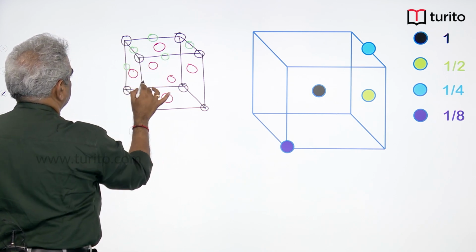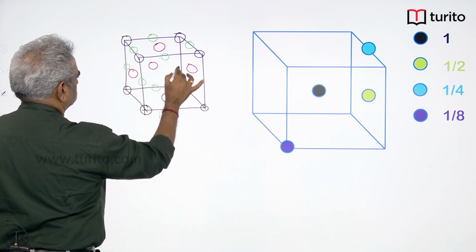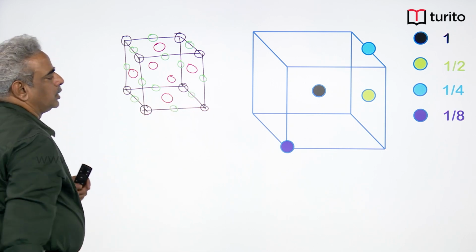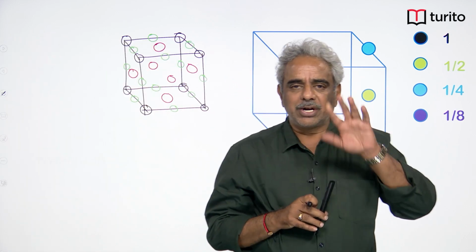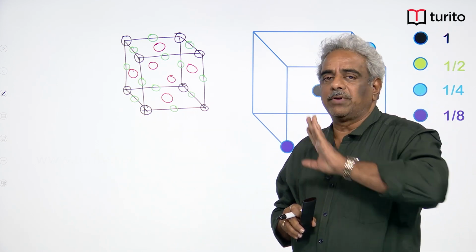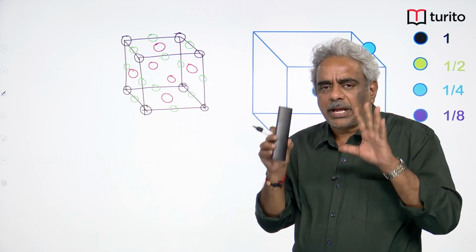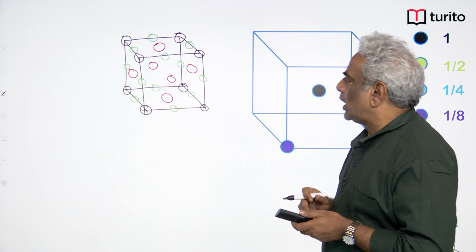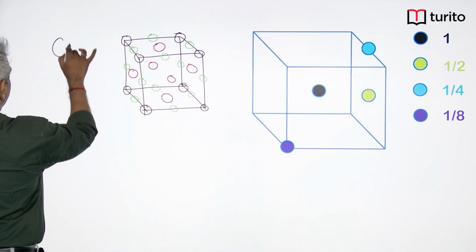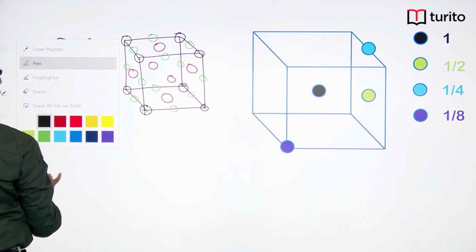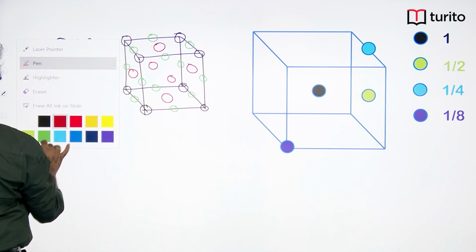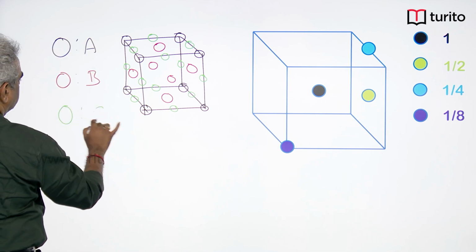Another variety of atoms on edges, all edges. Just for the sake of calculation fun I am giving all this. Don't think some chemical will be having this unit cell, it is just for calculation's sake. Now let us assume the black balls, the black one is A. Let us assume the red one is B. Let us assume the green one is C.